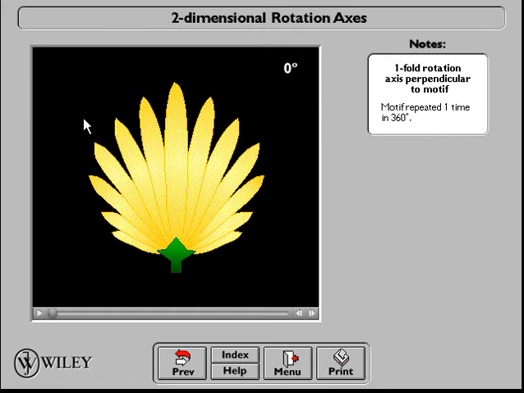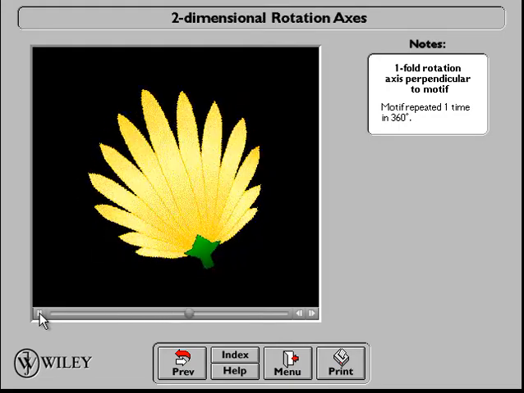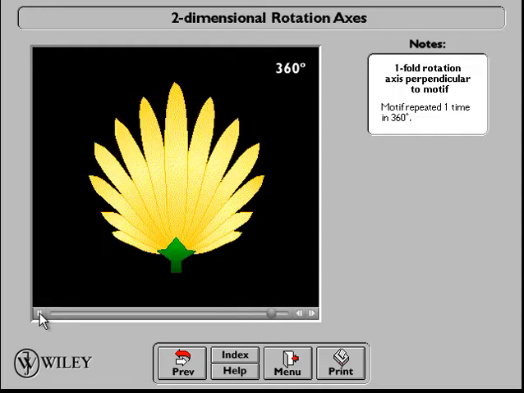So now we are starting with the cannabis plant. We are clicking there, and we have a one-fold rotation axis perpendicular to the motif. That means when we are turning it, the motif repeats one time in 360 degrees. It's a very easygoing thing. Now we are rotating the cannabis, and the cannabis is repeating itself one time in 360 degrees.